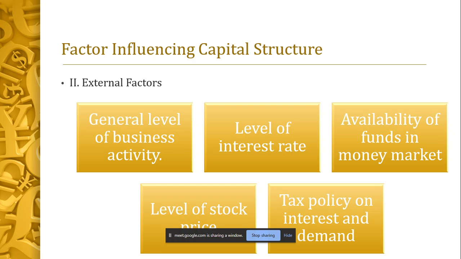That is to tell, if as an organization I need debt, and if the money market to which I belong can provide me with the fund, then I will not go for equity. But if there are limitations to what I can borrow, definitely above that level I'll have to go in for equity.